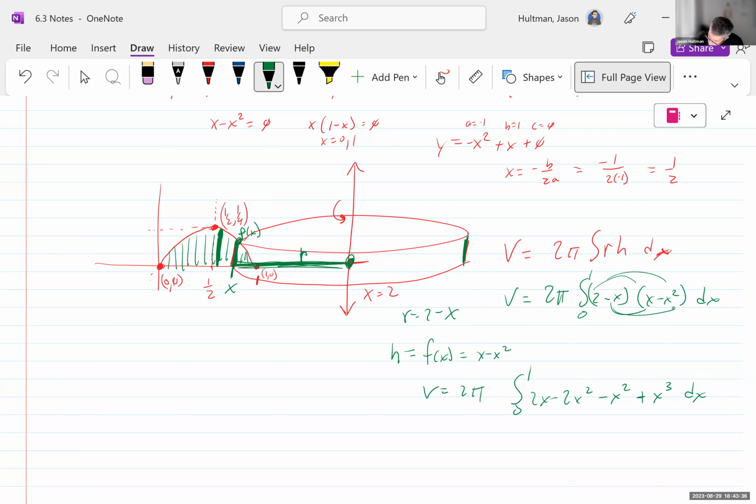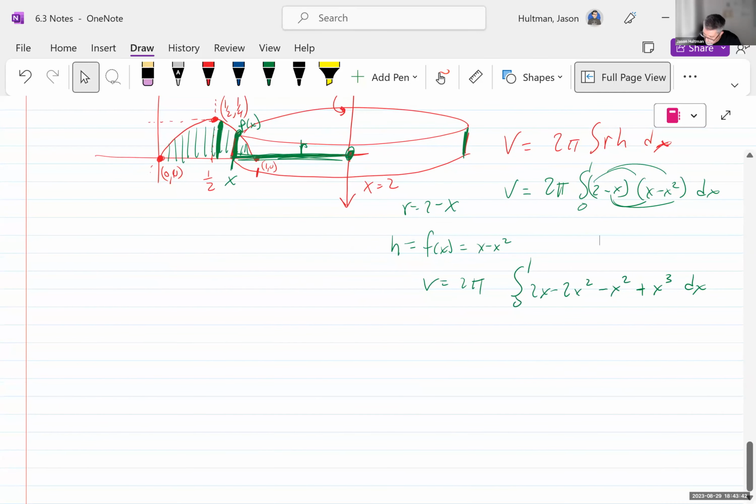Let me just leave off the V for right now. So 2 pi times the integral from 0 to 1 of 2x minus 3x squared plus x cubed dx.